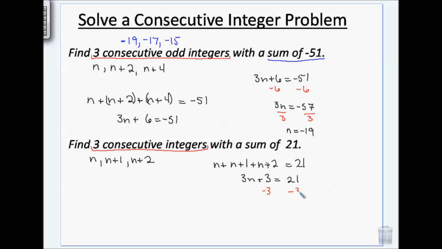Subtract 3 from both sides: 3n equals 18. Divide by 3, and n equals 6. Again, that only gives me the first number. The next would be 7, and then 8. If I add 6 plus 7 plus 8 together, 8 plus 7 is 15, plus 6 is 21. I know I did it right.